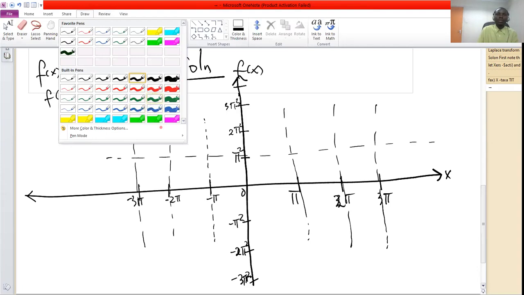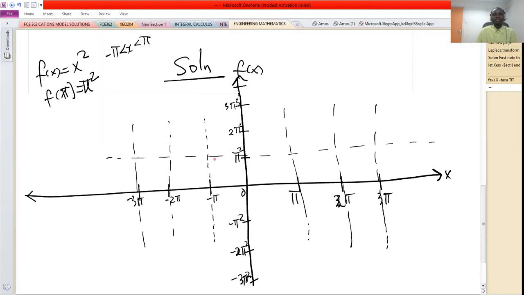So we know that at pi we'll have pi squared, and then at 0 we have 0, and then at minus pi we have pi squared. So it's a quadratic curve in this space.